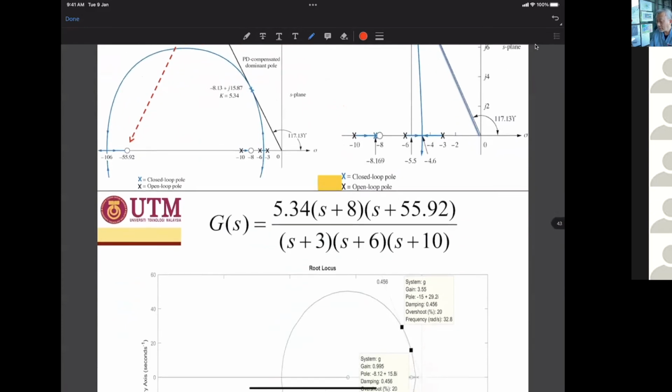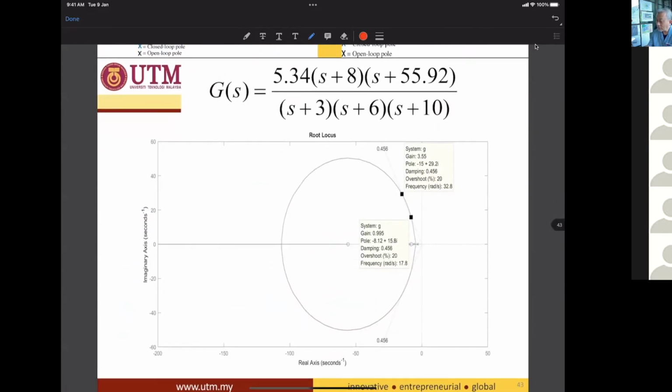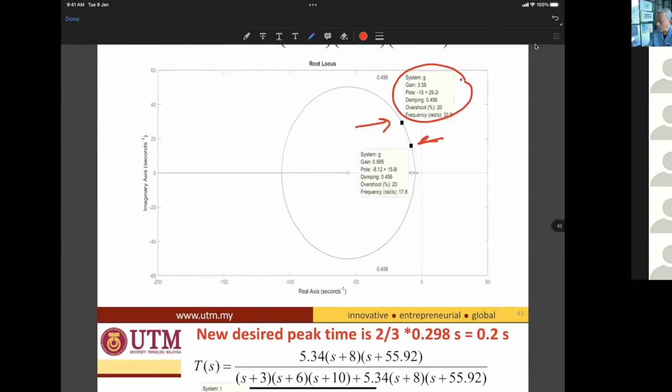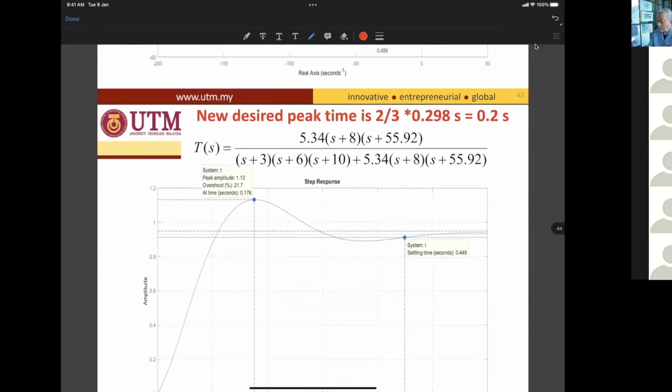Okay, so the PD zero is shown here, with the root locus connecting at the dominant pole. Okay, we choose this one, 15 + j29.2 instead of the first one. Then we run the time response, so we obtain 0.2 seconds, which fulfills the target. Okay.